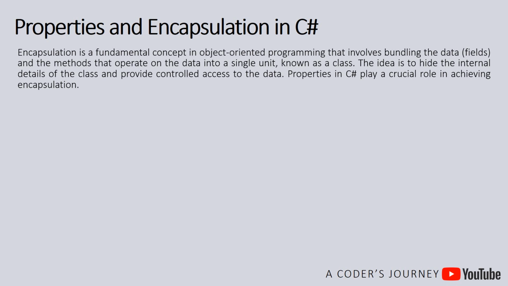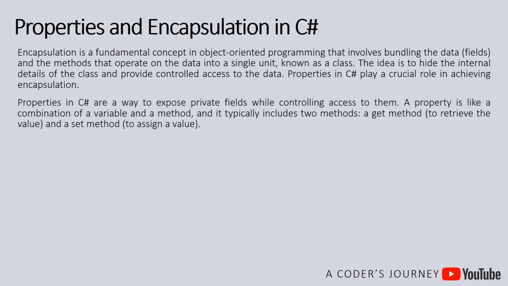You're going to control their access. You're going to hide the details that they do not need to have access to, or the details that you consider to be sensitive. So properties in C# play a crucial role in achieving encapsulation, and we will see how.